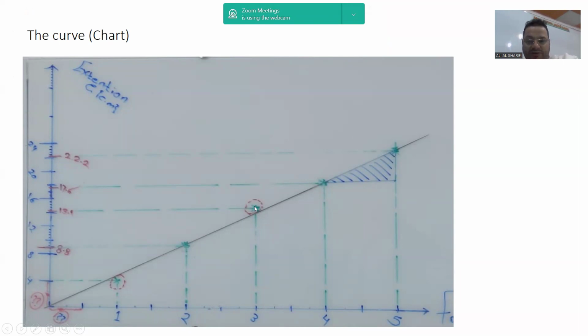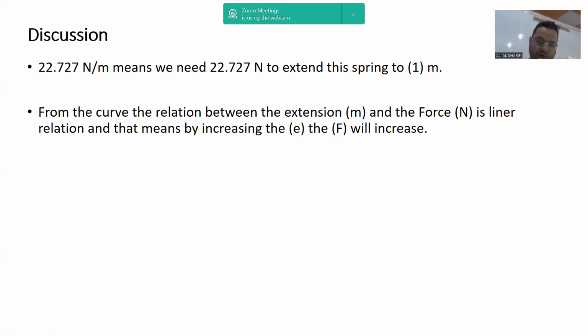But here on the whiteboard, I had 2 irregular points because, let's say, on the whiteboard the situation is more difficult than on regular paper. Now I think everything is clear. Here extension at the y-axis, force at the x-axis. By that, I determined my slope and determined the spring constant.